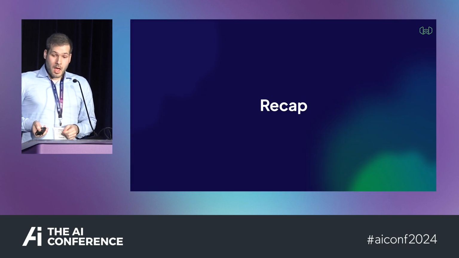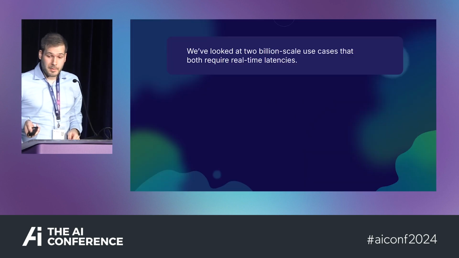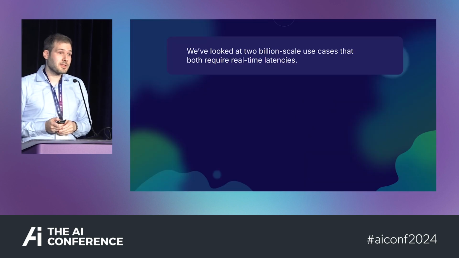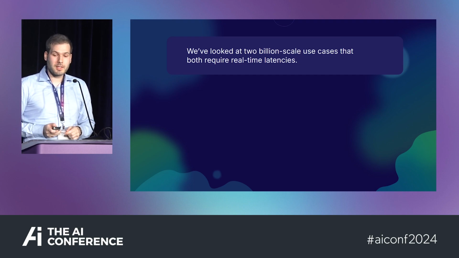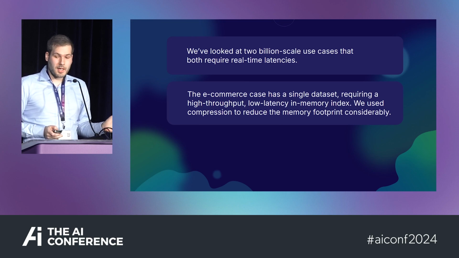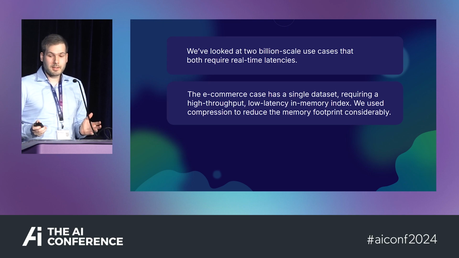So to recap, we've looked at 2 billion scale cases, both running in production with Weaviate right now, both requiring real-time latencies. The first one, the e-commerce case, has a single data set requiring high throughput and low latency, which is why we went for the HNSW index. We used compression to reduce the memory footprint, but it's still an in-memory use case.